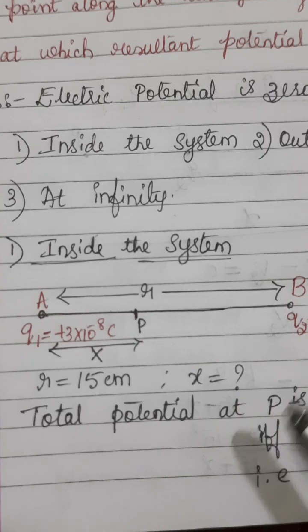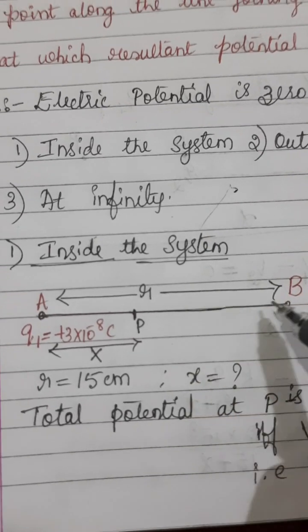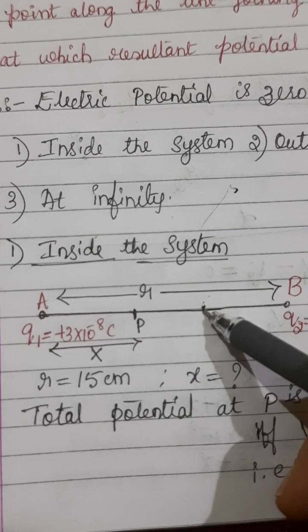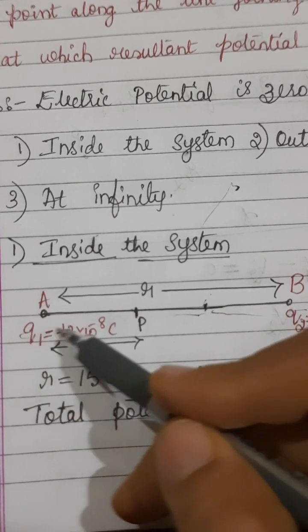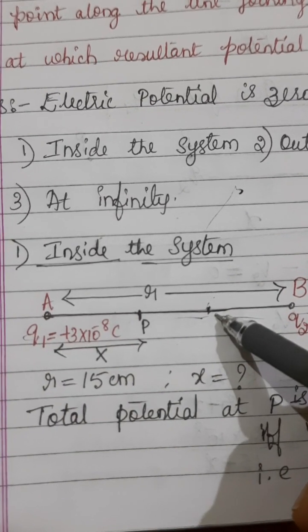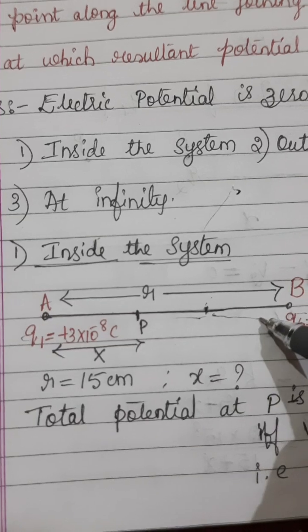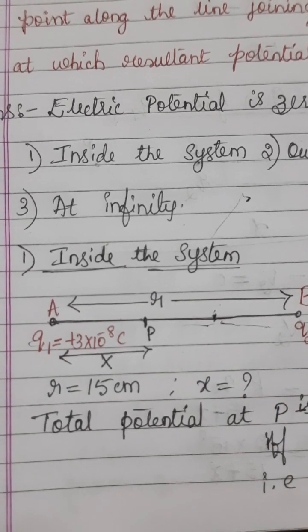So the point should be closer to B. It is somewhere here, so that this distance is 6 centimeter and this distance is 9 centimeter. Is it clear? So null point is always closer to smaller charge.